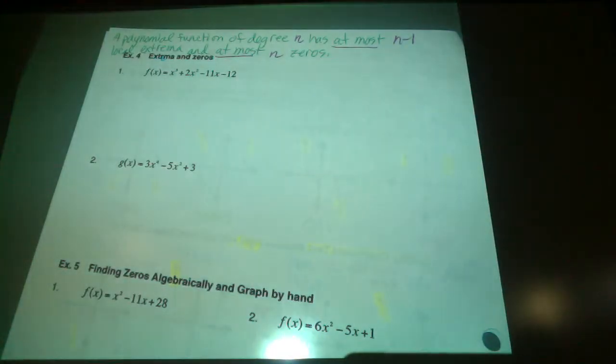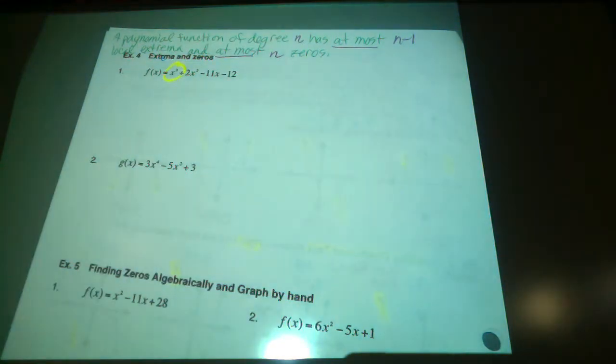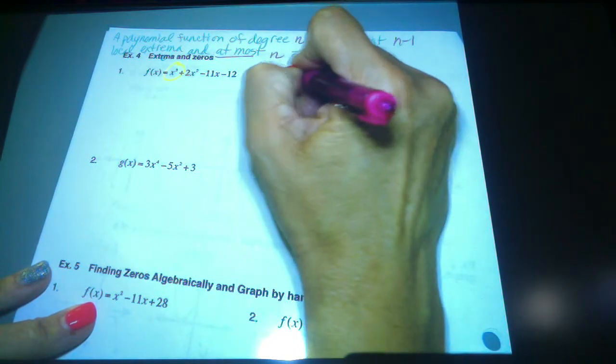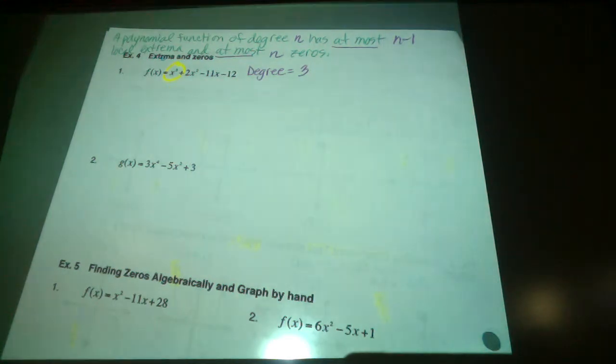What is the degree of this polynomial? So we have a degree of 3, and again, not because that's the first term. So our degree equals 3. Leading coefficient has nothing to do with this. That has to do with left and right hand behavior.